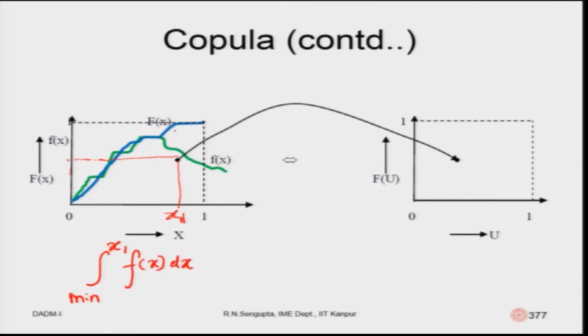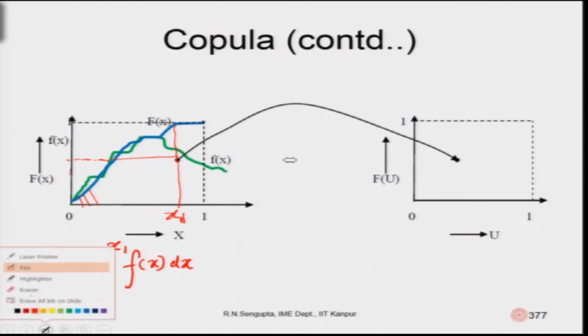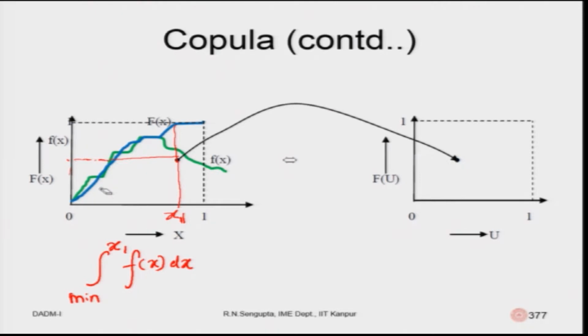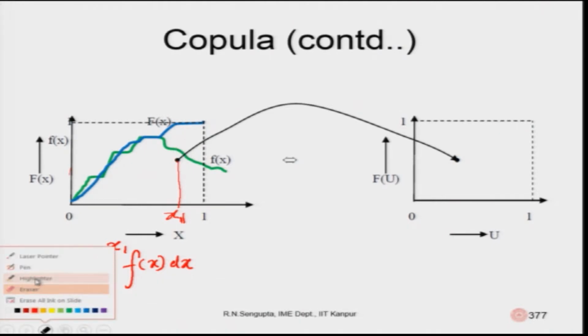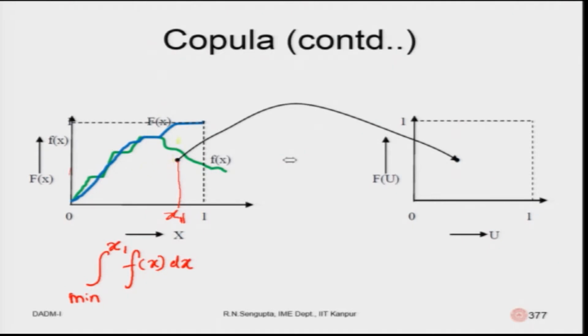So, that would be the total area. This will be the total area of the sum of the probabilities.